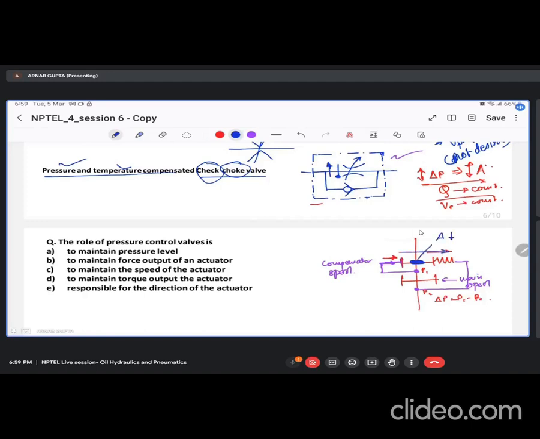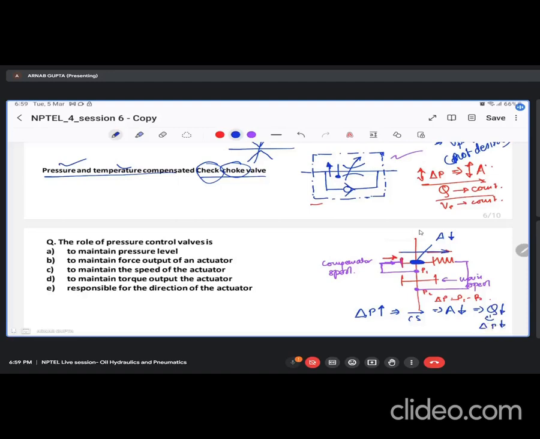It reduces. So what we saw here, as delta P increases, the compensator spool moves like this, and hence the area of cross section reduces. As the area reduces, now what will happen? The flow here will decrease, Q will decrease. As Q decreases, the delta P will also reduce.